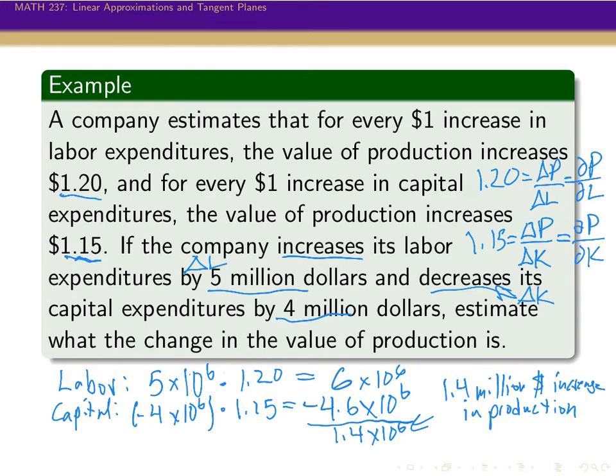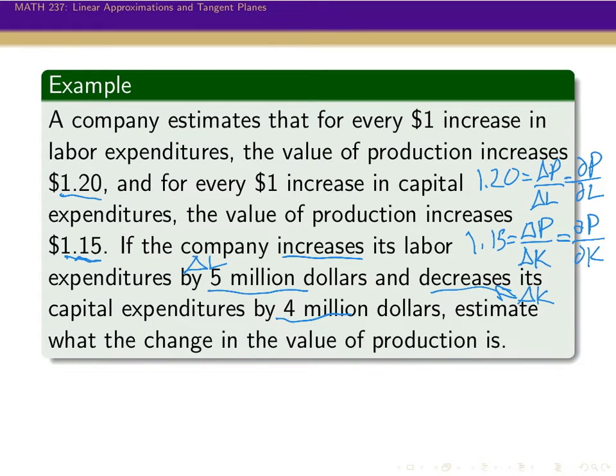And so really, overall, what we did in this problem, clearing out some space, is when we did $1.20 times 5 million, really we were taking the partial derivative of production per labor and multiplying it by the change in labor, and then doing the decrease of $4 million times $1.15.